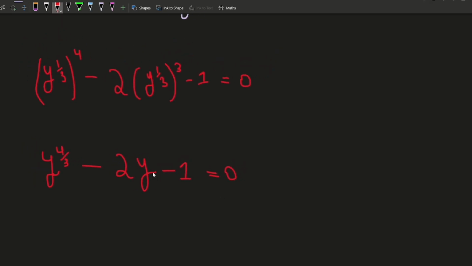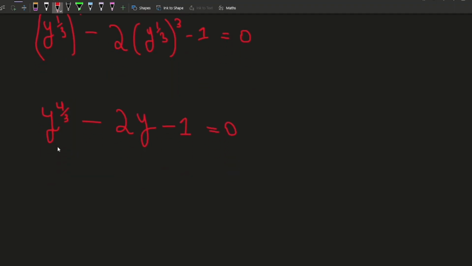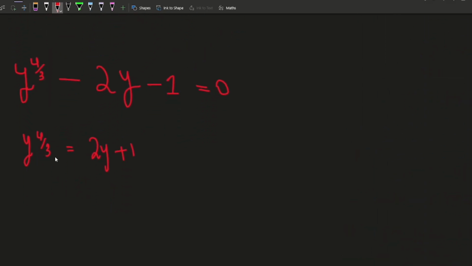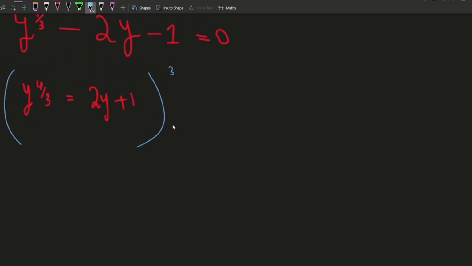Now let's separate y with fractional power so that things are easier for us to simplify. So this would be y to the 4 over 3, and let's separate everything. 2y plus 1, these two will go towards the other side. So this is what we have now. Now let's simplify this by multiplying the whole equation by 3, cubing both sides.